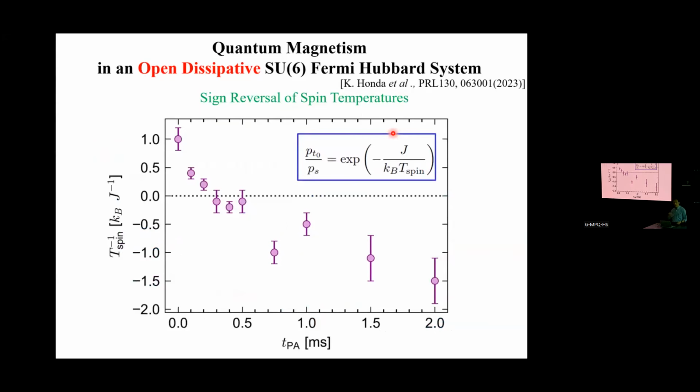Okay, and sign reversal of the spin correlation means sign reversal of the spin temperature. So the spin temperature is defined like this, and as you can see, initially the spin temperature is positive, and it goes to infinity, and then goes to negative, like this.